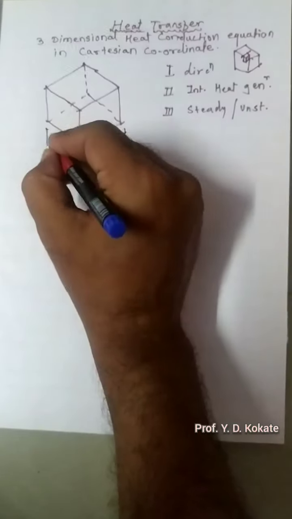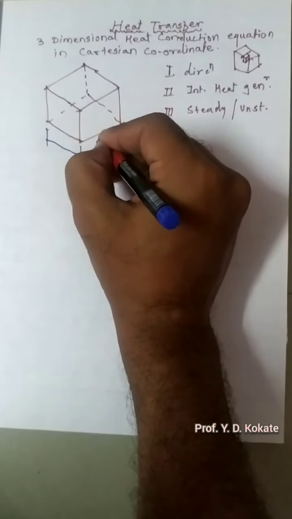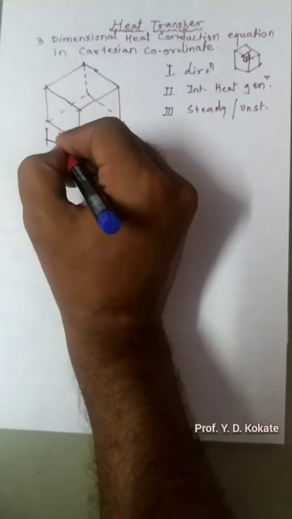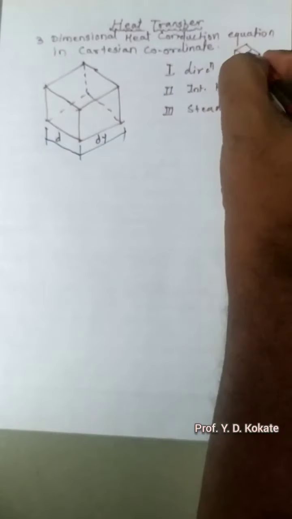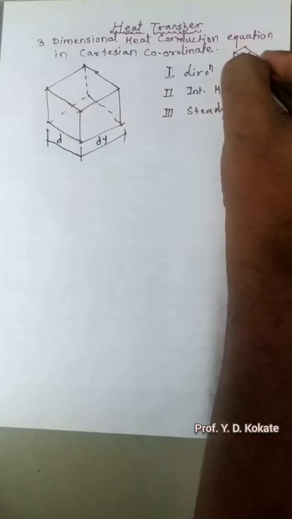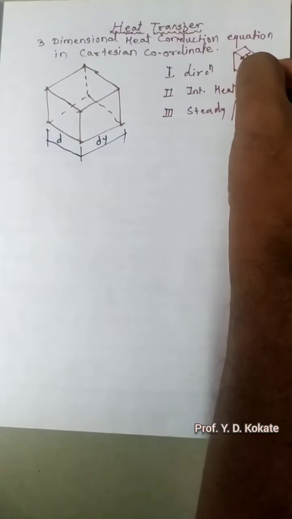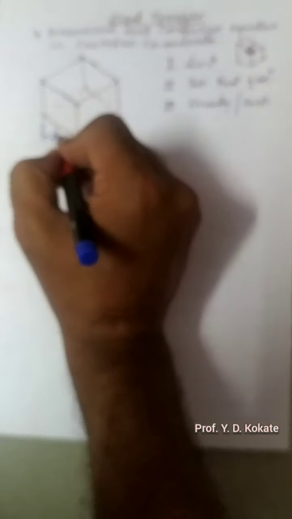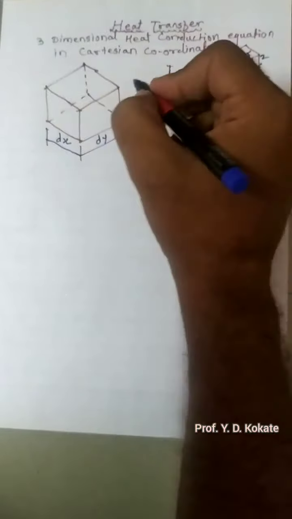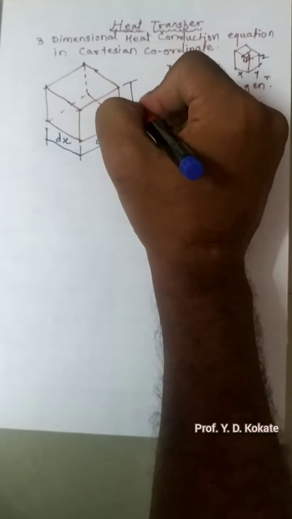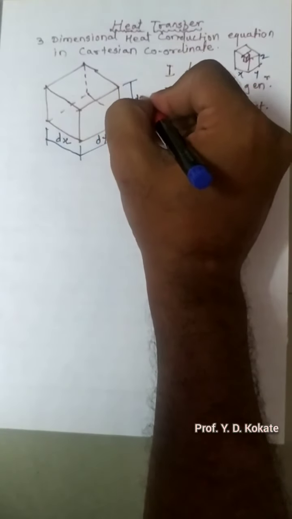This I will call dy. Why d? Because it is a small unit of it. So d is a small unit, and once integrated I will get the whole length, that is x, y and z. So this is dx. Here will be x, y and z. I will take the small unit, that's why I have dx, dy and dz.